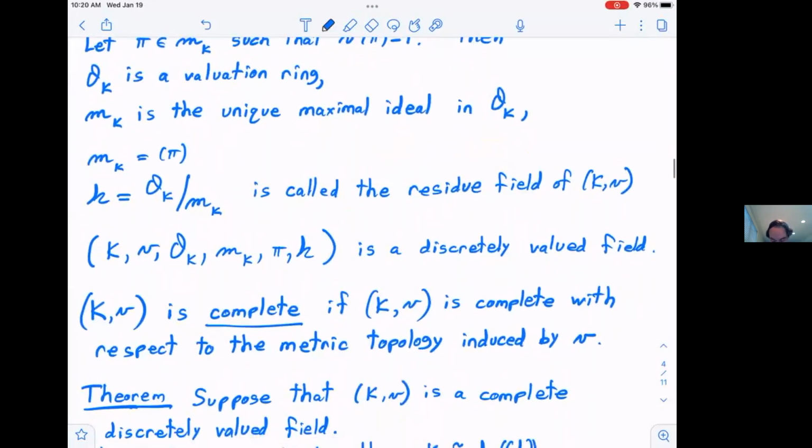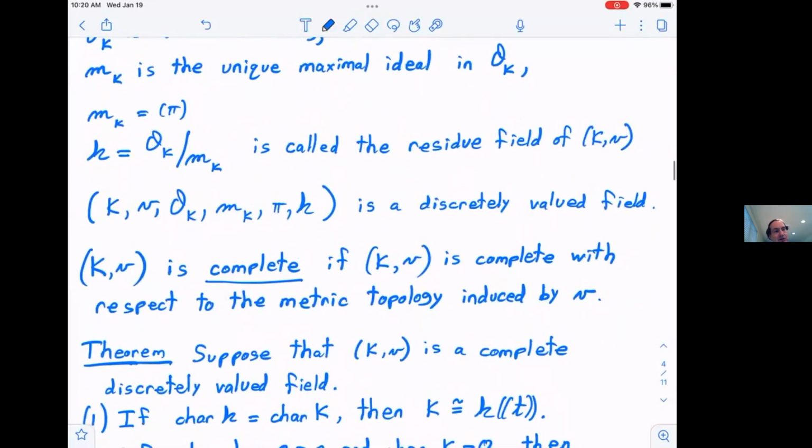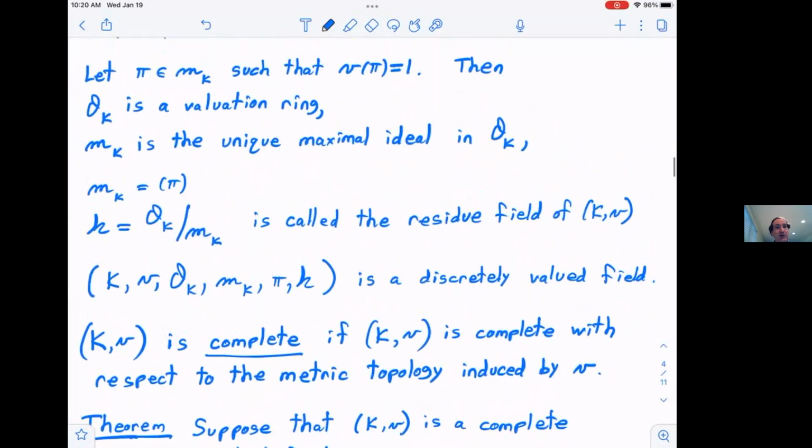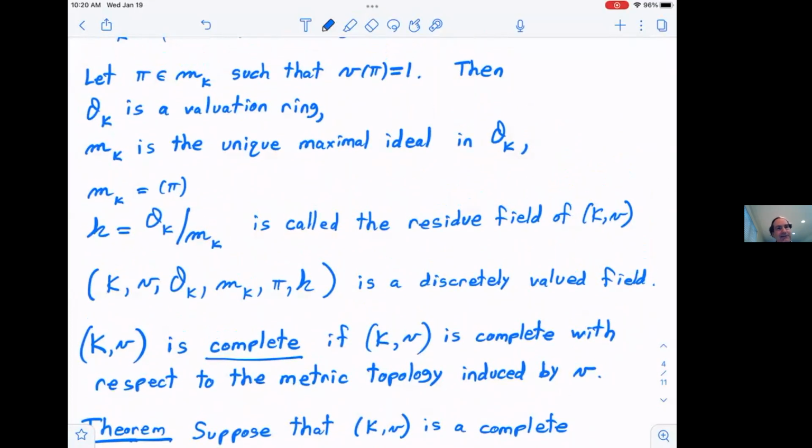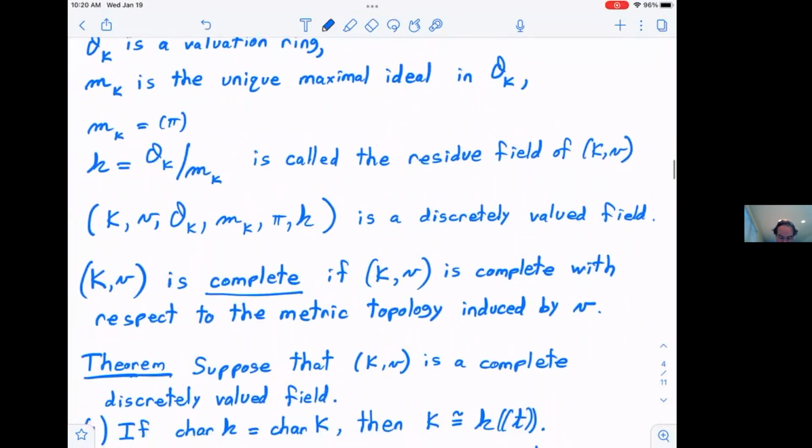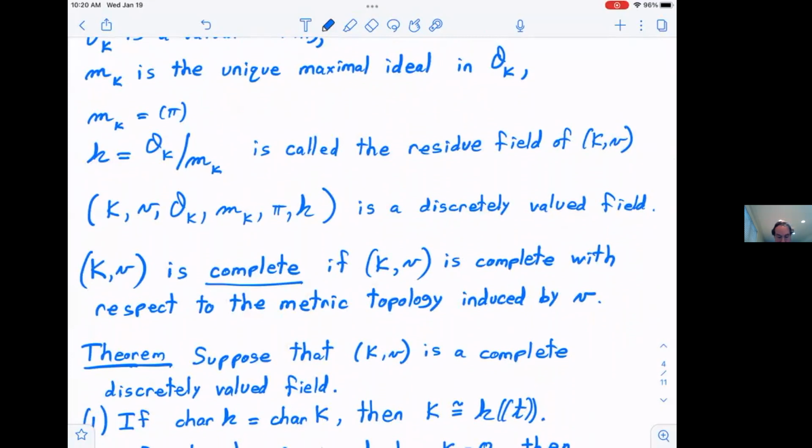Okay, so it turns out complete discretely valued fields, surprisingly, can be characterized reasonably well, as you'll see in a moment. Suppose that K, V is a complete discretely valued field.